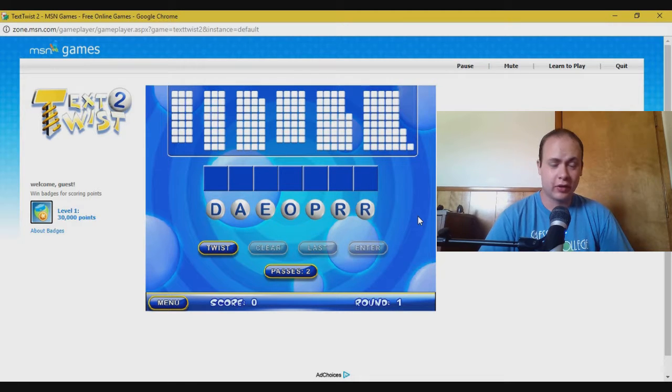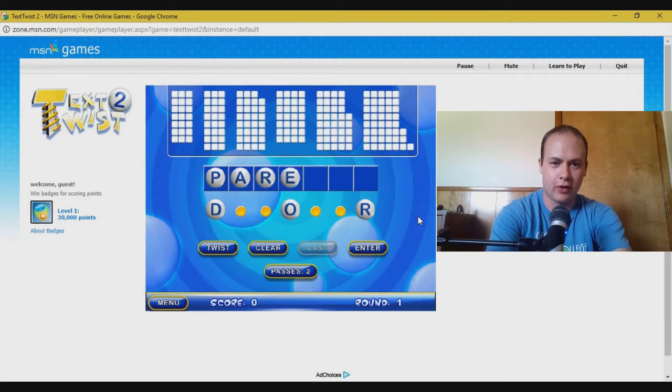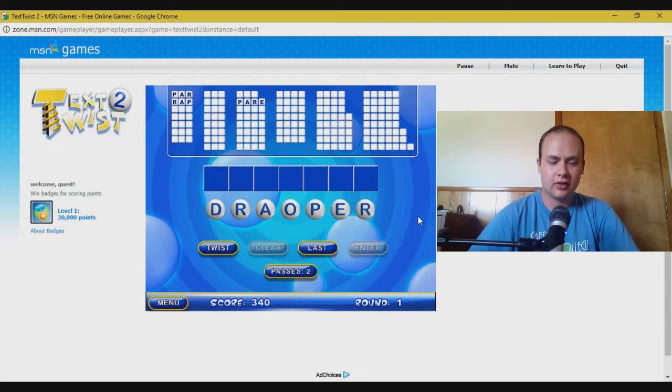Now, some of them, because of the combinations of letters, will have more than one 7-letter word, which is great because then it gives you more options. You only need to figure out one of those to pass on to the next level. But let's see here. So, for example, I could just type in pear and par and rap, and you could just keep going with all sorts of words like that and keep trying to fill in as much as you can.